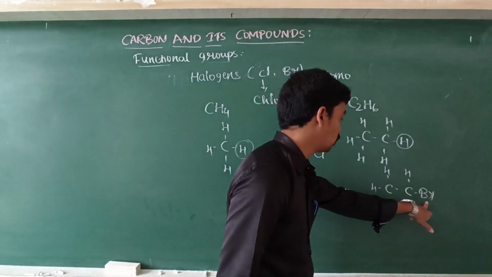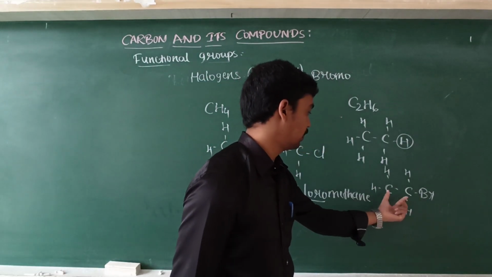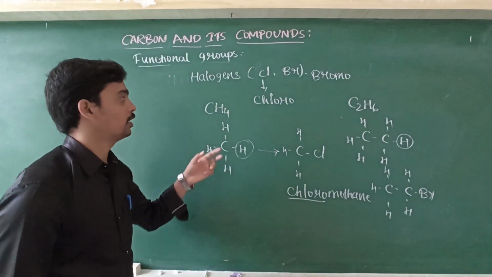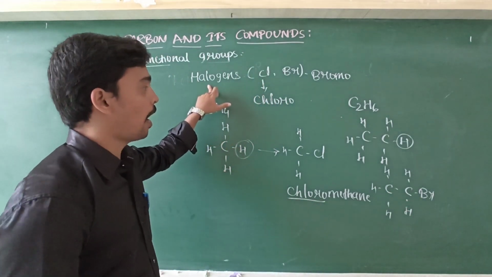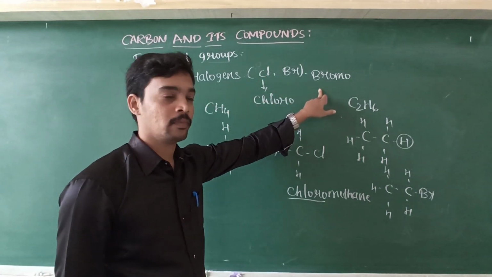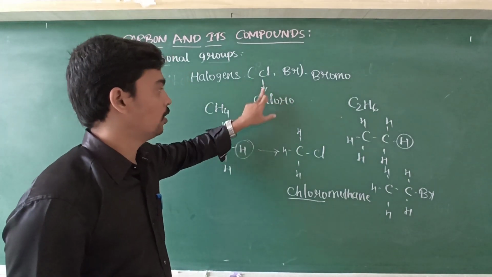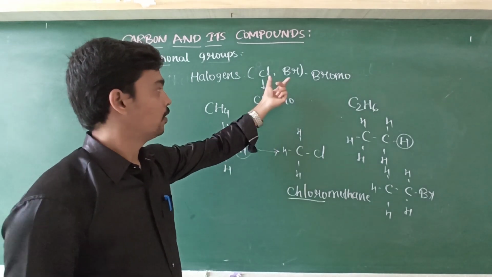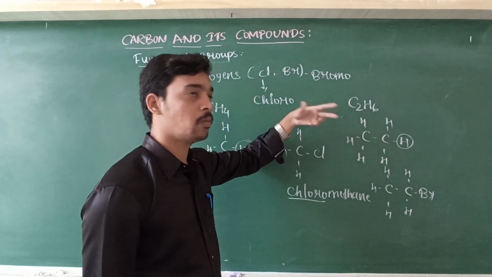Here we have a Br halogen group, so it is bromoethane. Okay, this is how the alkanes are converted into the respective haloalkanes, either with chlorine or bromine. If it is added with chlorine, it is called chloroalkane. If it is added with bromine, it is called bromoalkane.